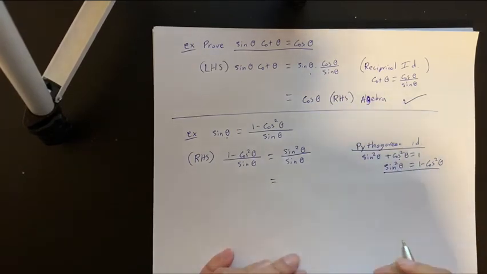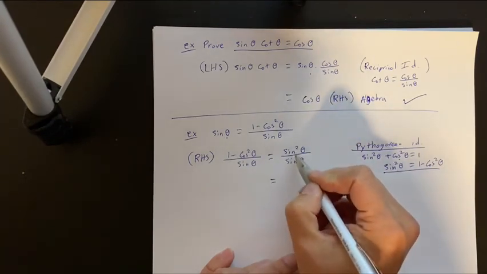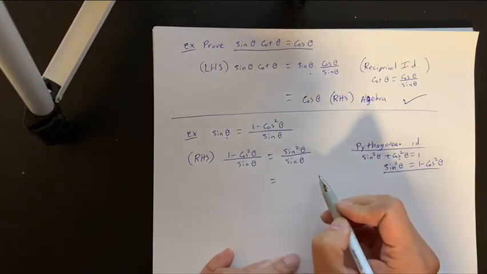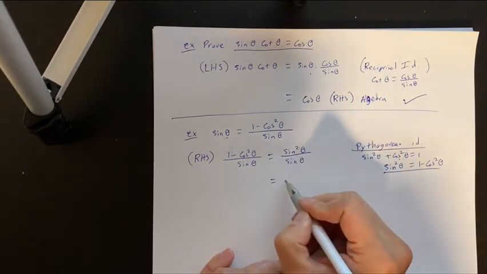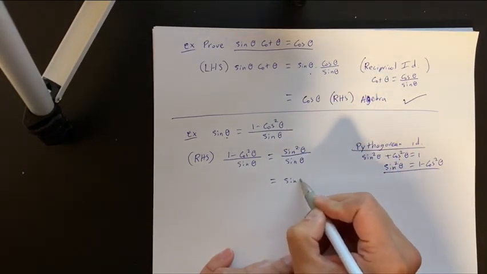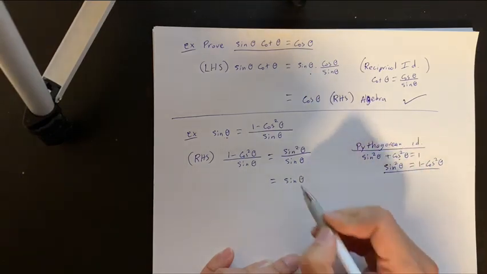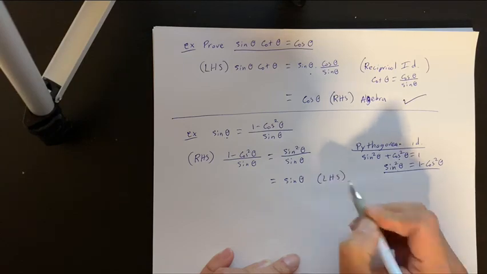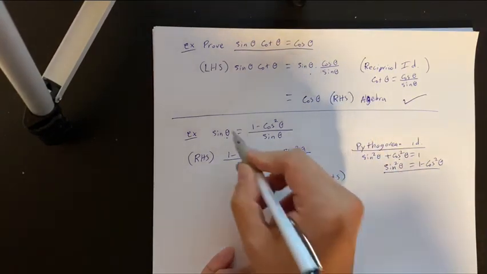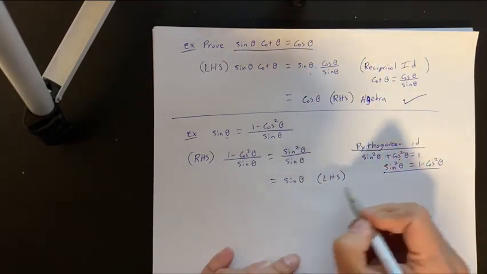And then one more step, we get to cancel one of these sines. I have sine square on top, I have sine on the bottom, so we're left with just sine theta. Well, that's exactly the left-hand side. And once we get to the left-hand side, we're done.